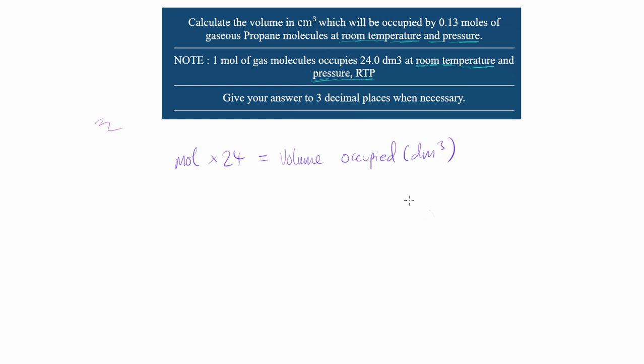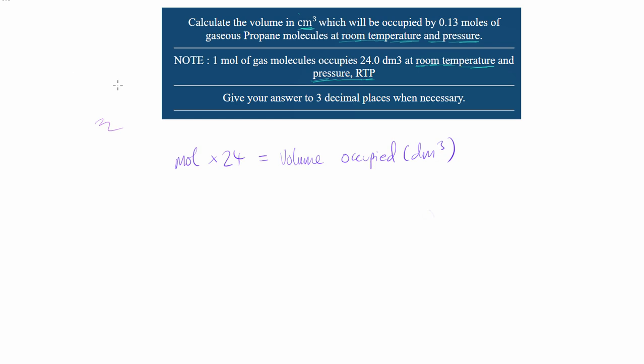Now, in order to convert this to what we really need in this case, because what we've actually been asked is not to calculate the volume occupied in decimeters cubed, we've been asked to calculate the volume in centimeters cubed, as we can see. So this equation relates to decimeters cubed.